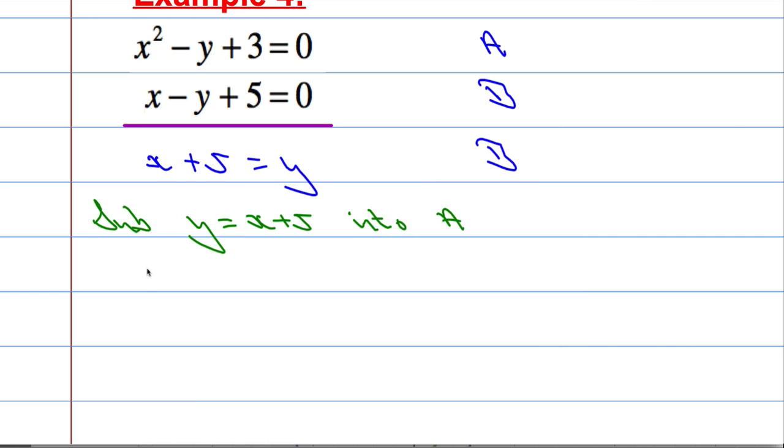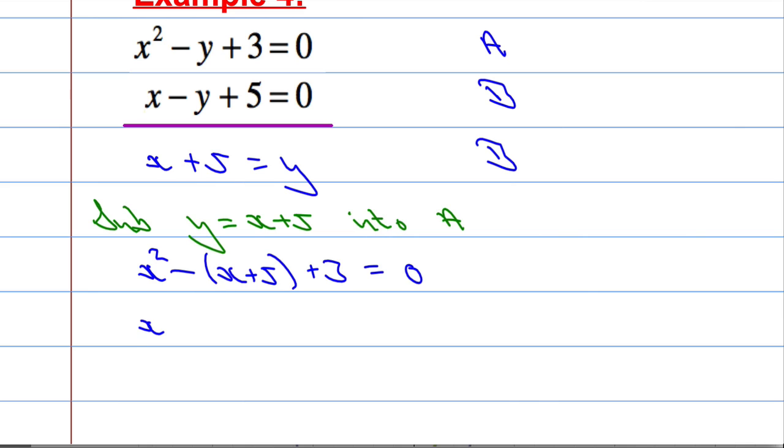Right, equation A now becomes x squared minus, so I'm subtracting whatever y is, and y is x plus 5. It's important to put the brackets up here, just in case that's negative. If I'm taking away a negative number, that's the same as adding it, so I just need to be aware of that. Put brackets around it, protect the x plus 5. Plus 3 equals 0.